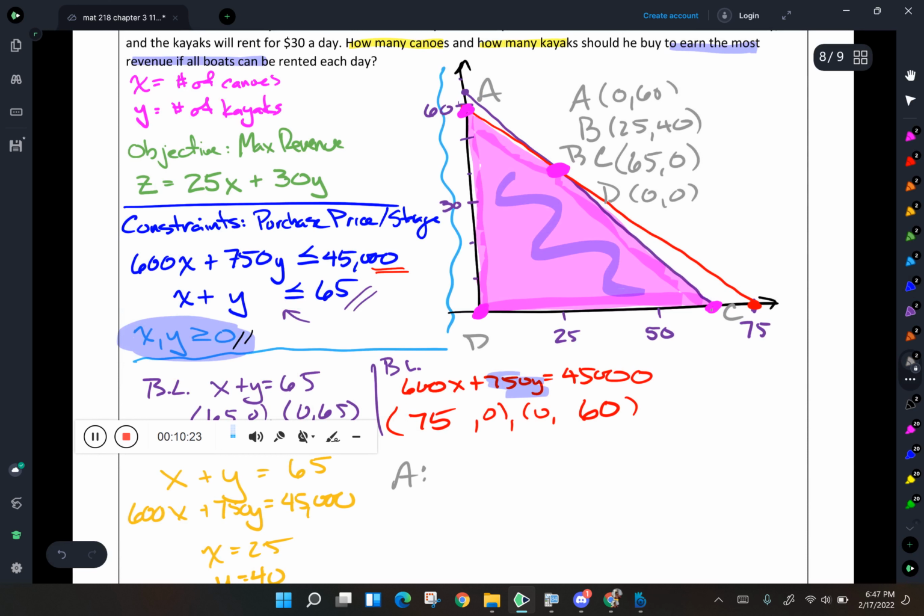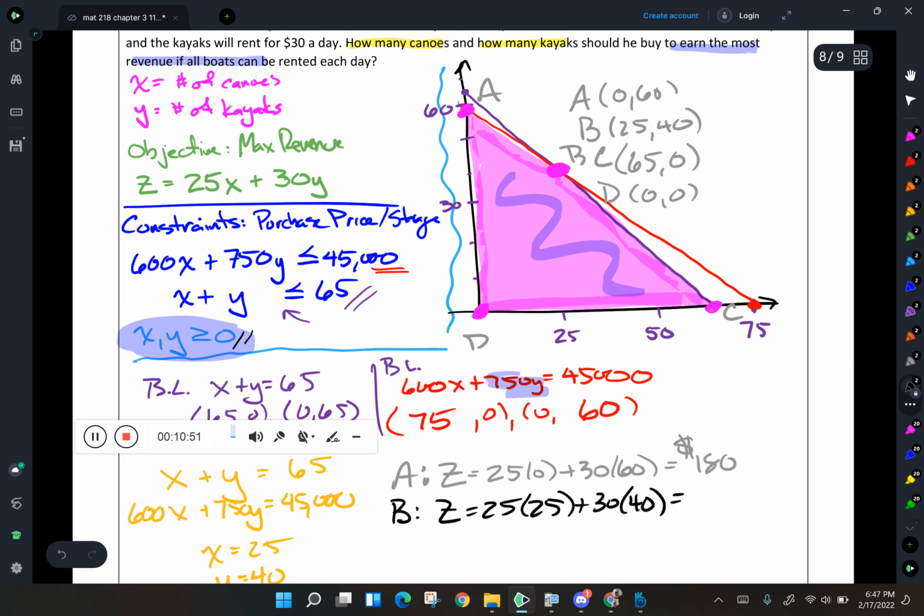So in corner A, Z is going to be equal to 25 times 0 plus 30 times 60, 1,800, but this is our revenue, so we're measuring it in dollars, $1,800. For corner B, Z is equal to 25 times 25 plus 30 times 40, which is equal to, let's see, 25 times 25 plus 30 times 40, and I get 1,825.